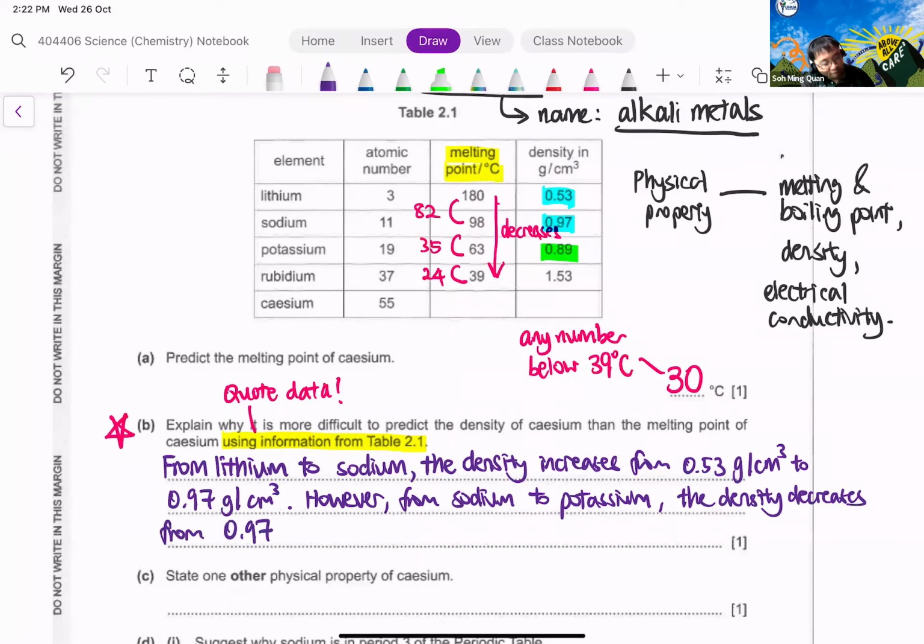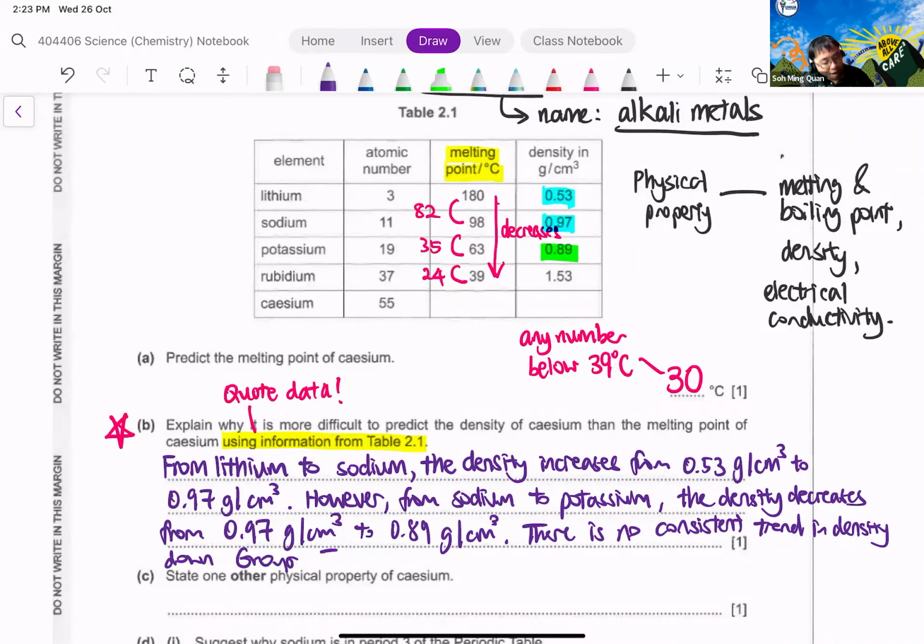From 0.97 grams per cm cube to 0.89 grams per cm cube. There is no consistent trend in density down group 1. So it is difficult to predict the density of cesium.